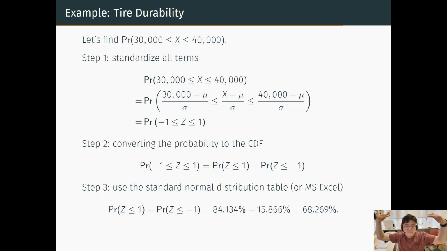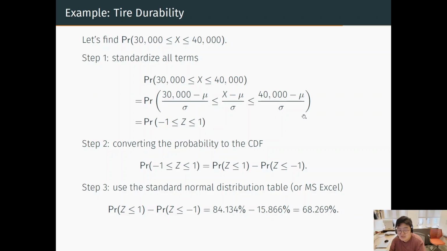The 3 terms have to have the same scale. So 30,000 is standardized by subtracting 35,000 divided by 5,000. You get -1. 40,000 is also standardized to 1, like this.